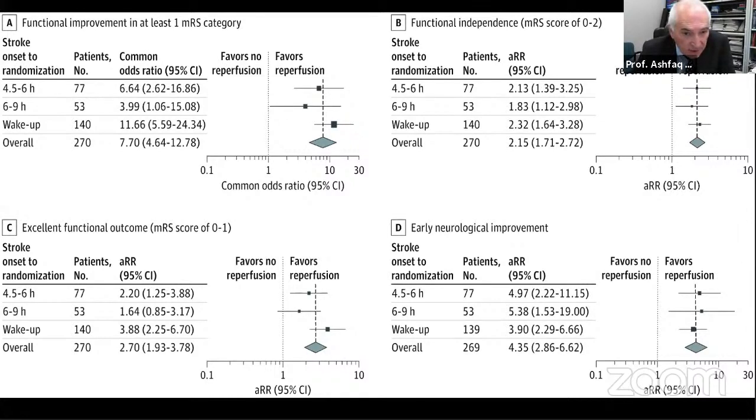Excellent outcome. Again, those who got TPA are much better, and patients who show early improvement within the first 24 to 48 hours, those who got TPA are much better than those who did not, right?